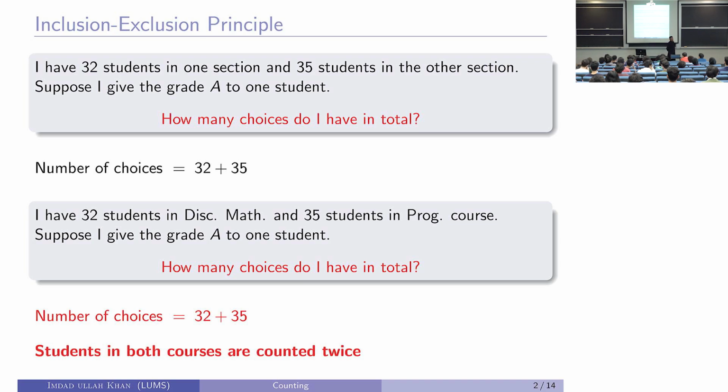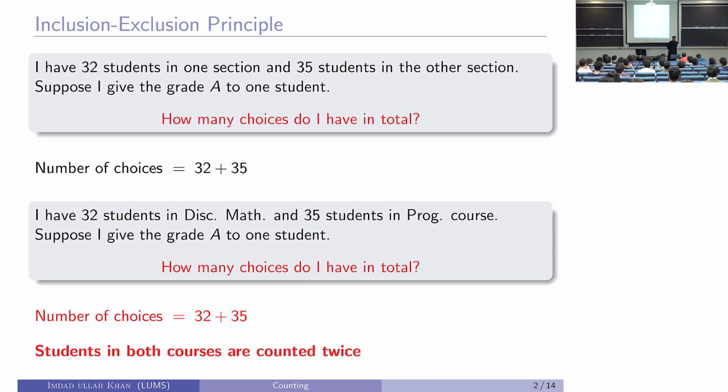So then the number of choices is not actually 32 plus 35, right? Because of those students who are in both courses. The first one we studied earlier is correct, 32 plus 35, because there is an assumption that a student cannot be in both sections of the same course.